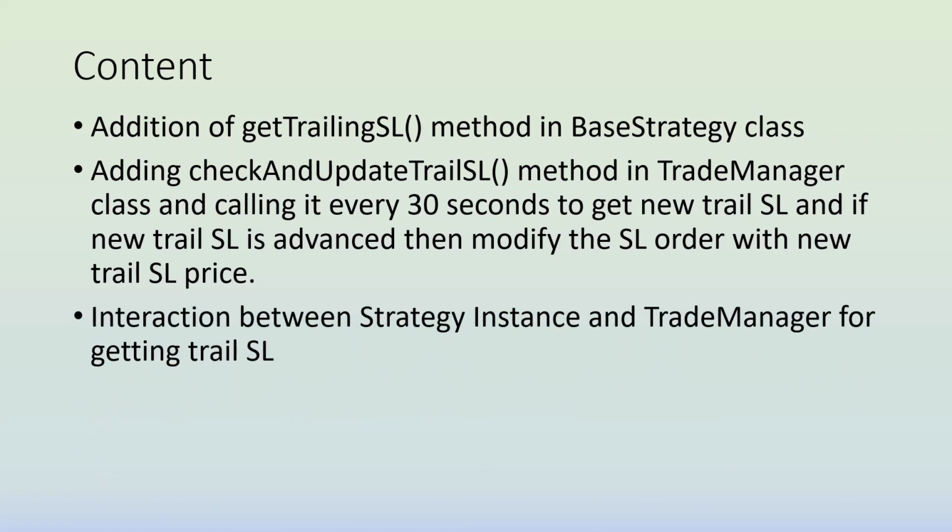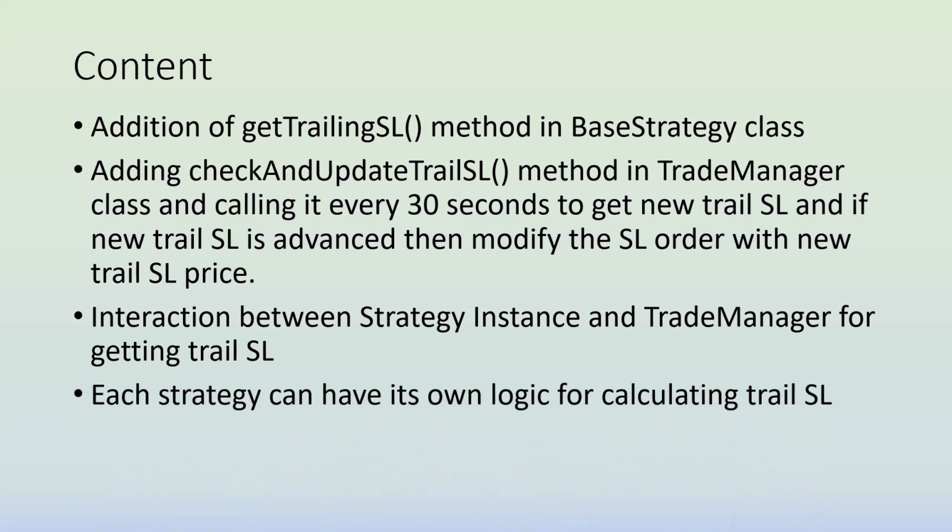Now, the interaction between the strategy instance and trade manager. I already explained how the trade manager calls the get trail SL method of each trade by finding its own strategy instance. The beauty of this is that I am not going to implement any common trailing SL logic in trade manager, because we can have the trail SL logic separate for each strategy.